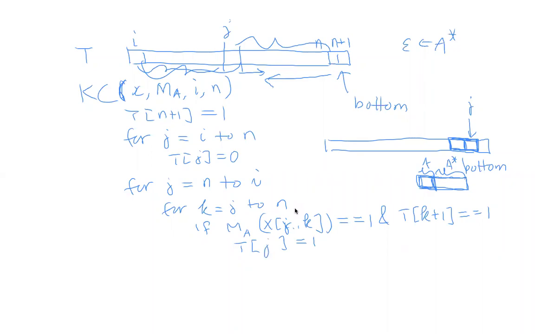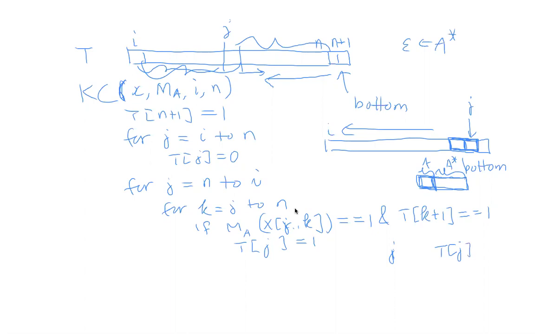Okay, so once again, the idea from bottom up approach is this. So we're looking, so j starts from the bottom, that's n, and then all the way up to i. Okay, so we first determine what t of j is.